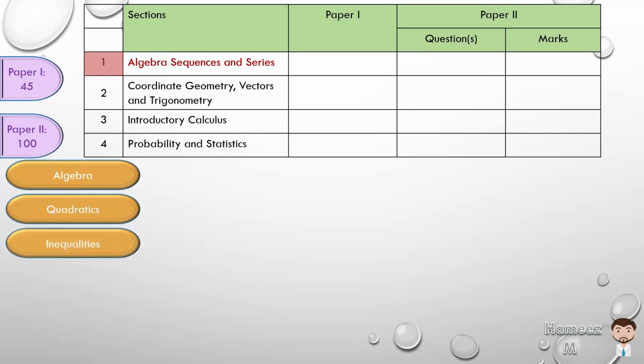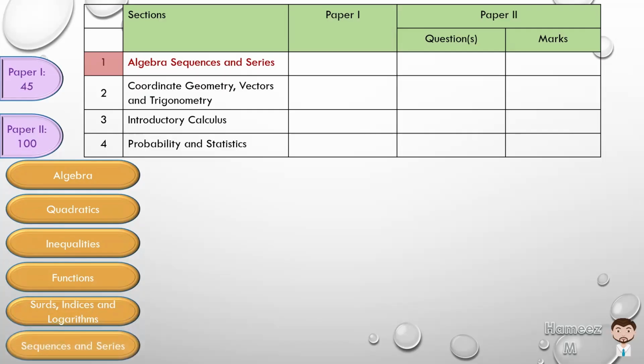Inequalities, there are 2 questions there as well. Functions, there are 4 questions being assessed in the multiple choice. 5 on surds, indices, and logarithms. And the rest on sequences and series, which in total gives us 20 of the 45 questions in paper 1 based on section 1.